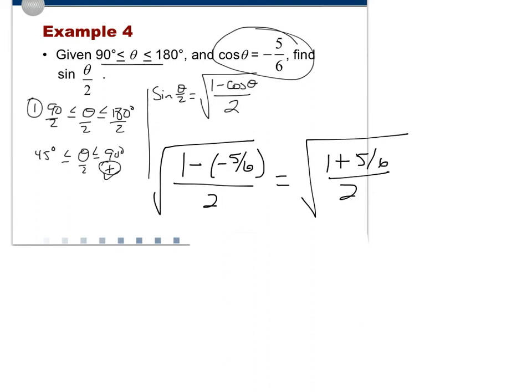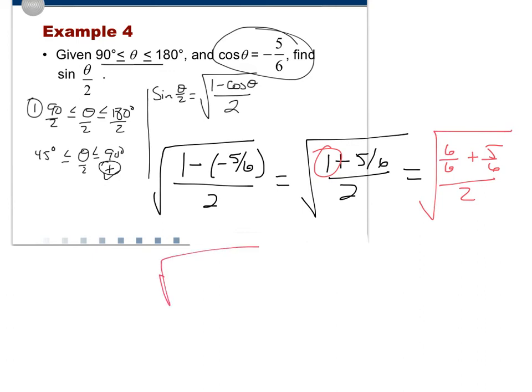I don't know which method you prefer. Either just multiply everything by a half and distribute, or I kind of like working with the top and simplifying that a little bit more and then multiplying by the reciprocal. That's just my personal preference. The common denominator between 5/6 and 1 is 6 over 6, all divided by 2.